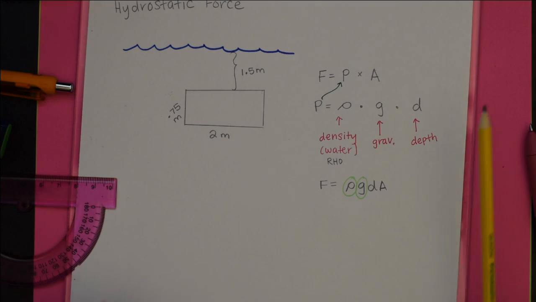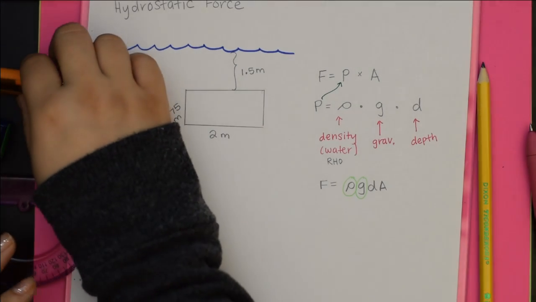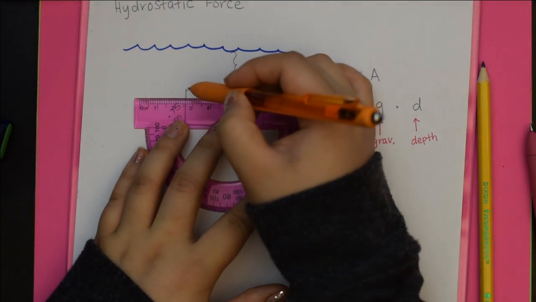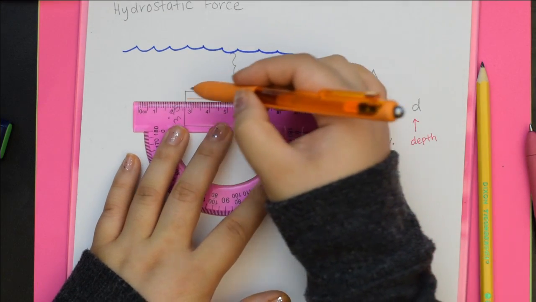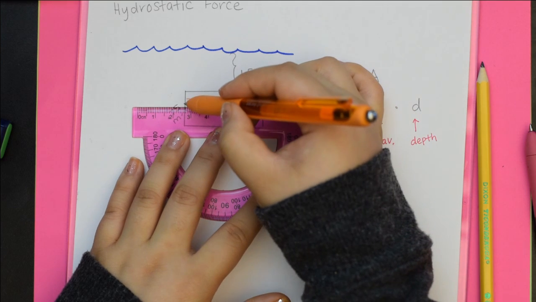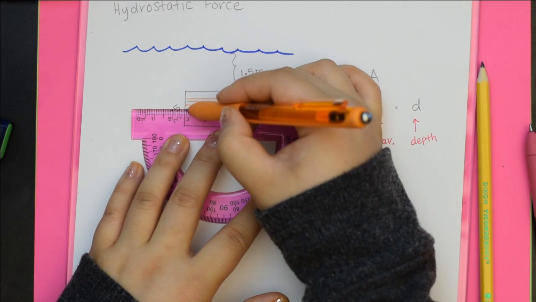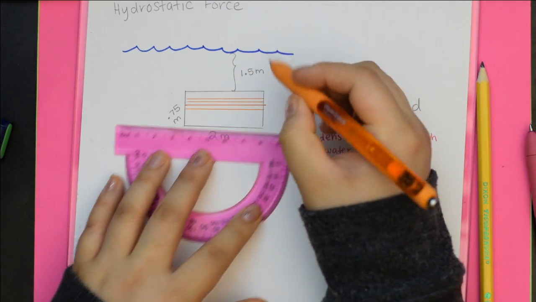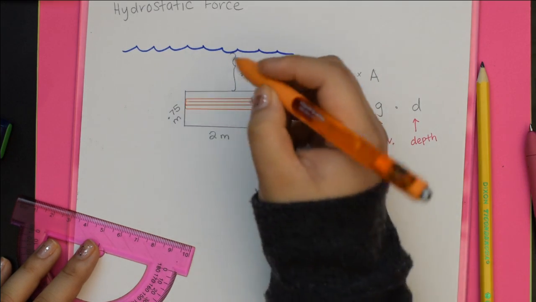Well, instead of doing horizontal, we can break this up into a bunch of tiny rectangles. And that should be ringing some sort of bell as far as calculus goes. A whole bunch of tiny rectangles. It's exciting stuff. It's our Riemann sums, right?